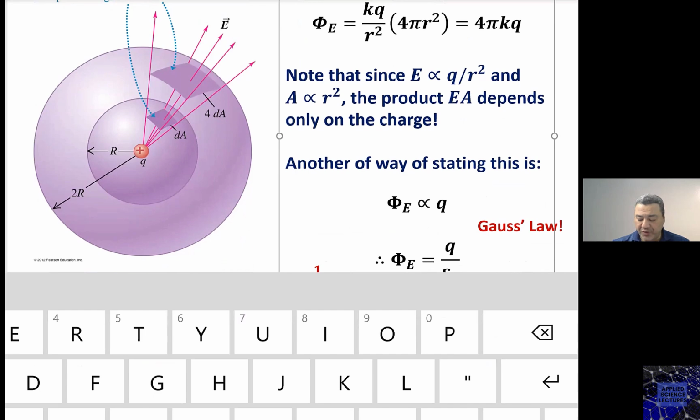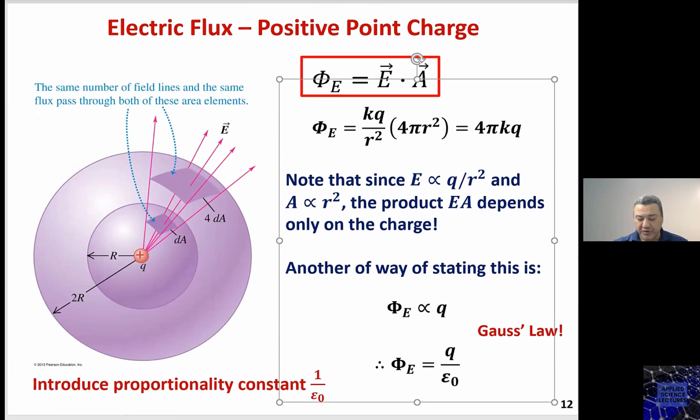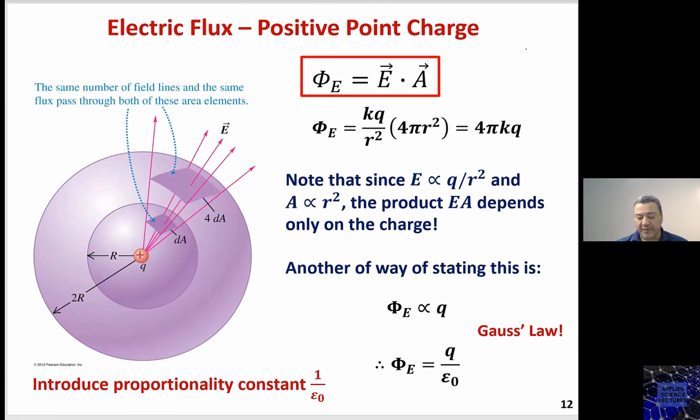So one thing also to pay attention to in understanding the flux: if we look at the flux for this symmetrical Gaussian closed surface, because of this point charge at the same distance, the electric field is uniform, which is going to result in EA.